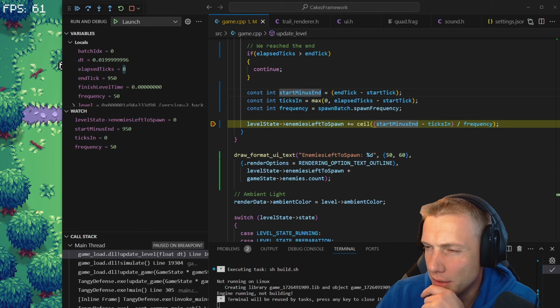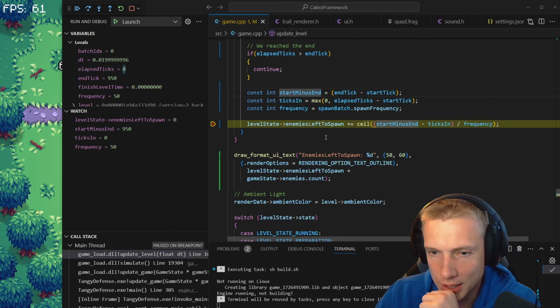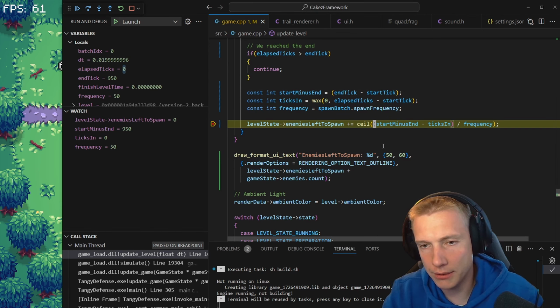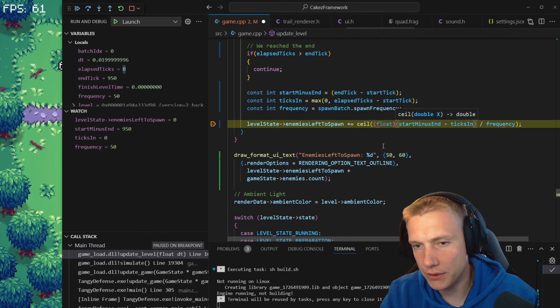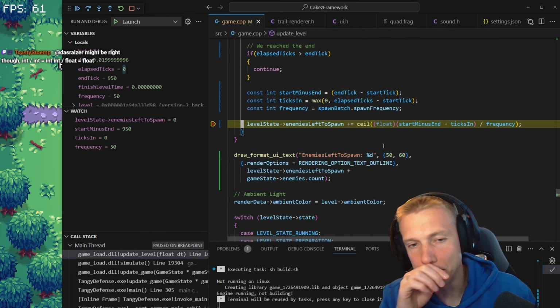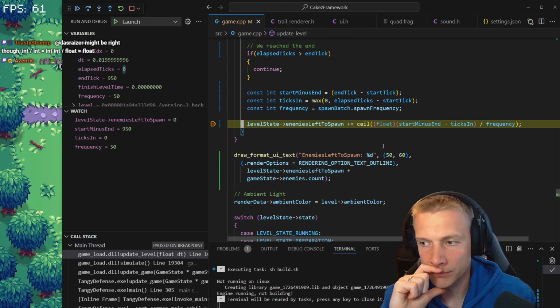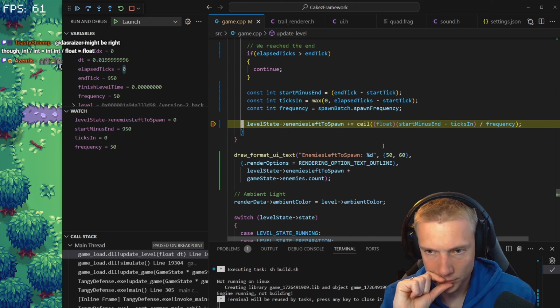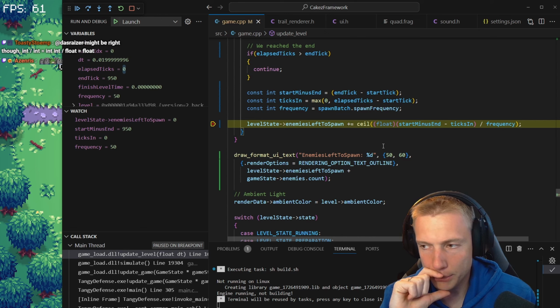You're using an integer divide though. I see. So what you guys are saying is I should do the divide in float. The division in float like this. But then we still have the issue of it being 19. Might be right though, int divided by int is int, divided by float equals float.